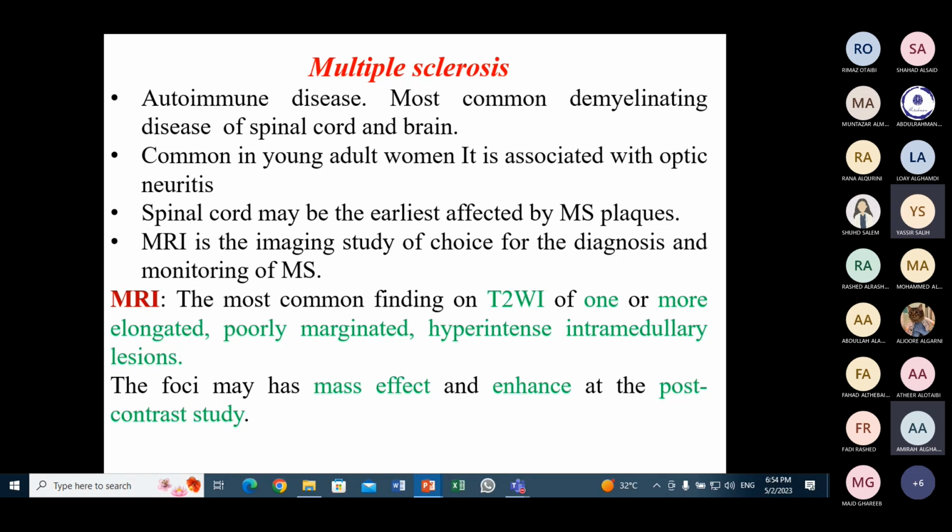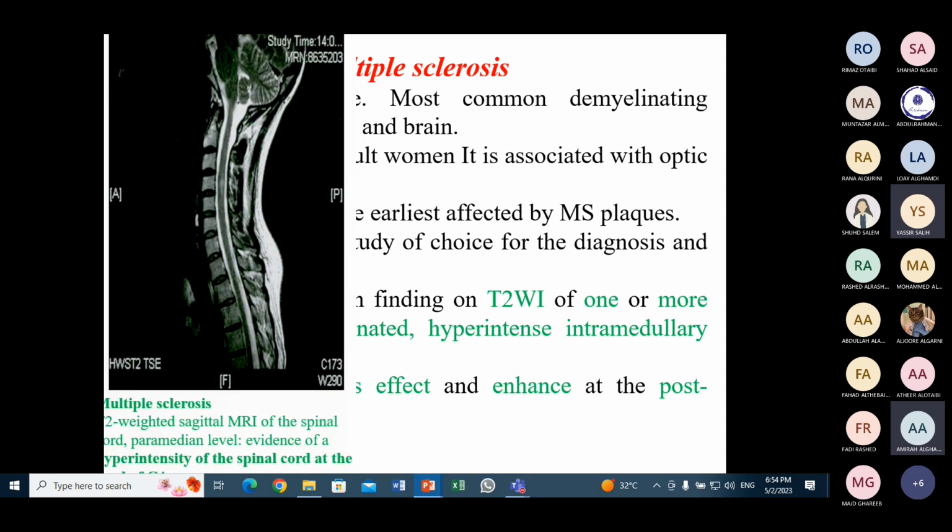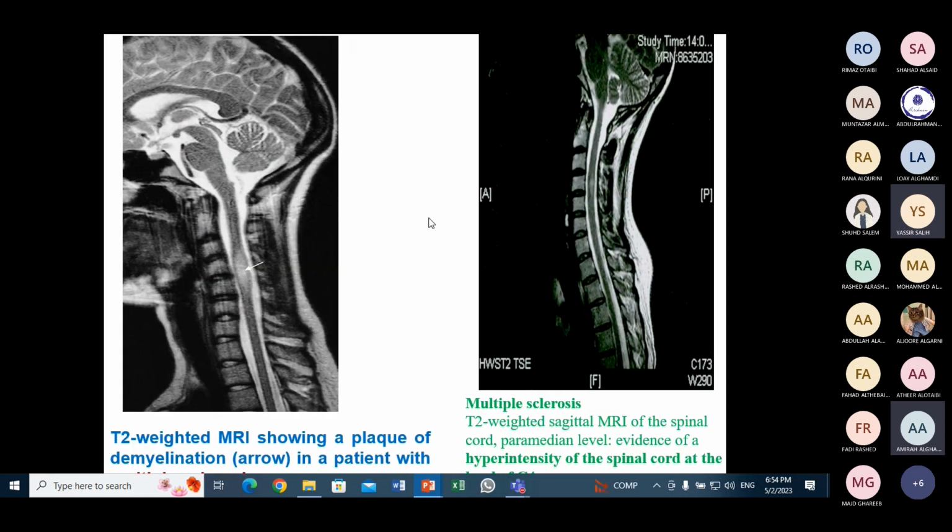If it enhanced with contrast زي ما قلنا this indicating this is active multiple sclerosis. فمثلا this is MRI T2, you can see this elongated. لاحظوا elongated يعني بالطول كده elongated poorly marginated الاوتلاين ما مبينه كويس hyperintense within the spinal cord. But this is multiple sclerosis MS.